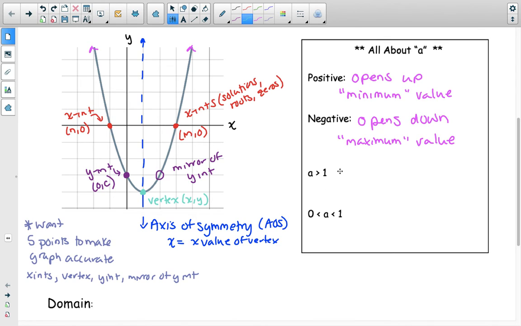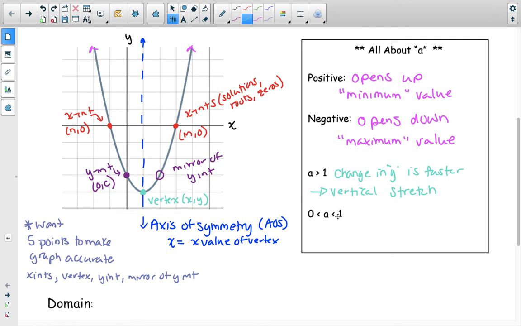So if our a is bigger than 1, the change in y is actually faster. If it's a 1, it's just going to change at a normal, increasing rate, because it's just going to keep squaring things. But if it's bigger than 1, like 2 or 3 or 4, it's going to change even faster, so it becomes a vertical stretch. Because it's changing even faster, it becomes more stretched out.